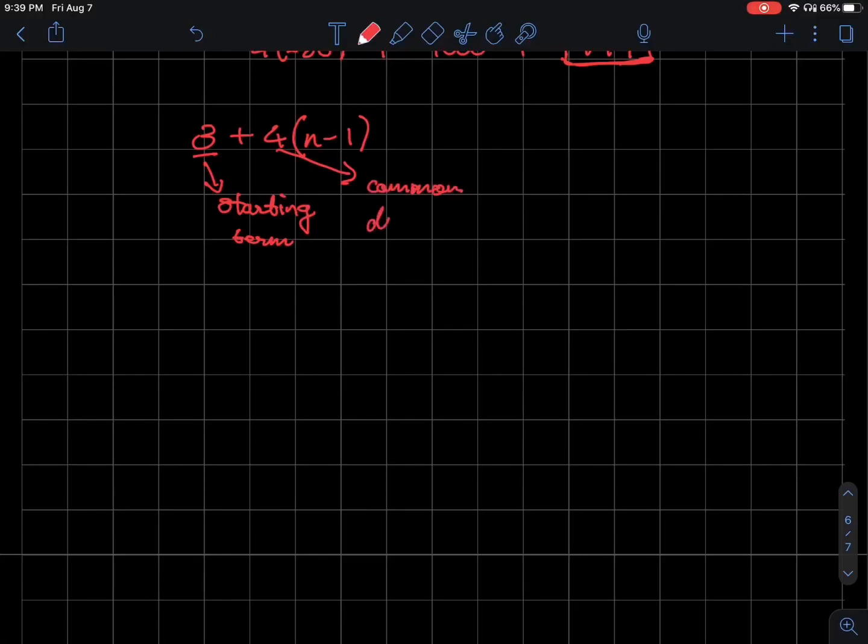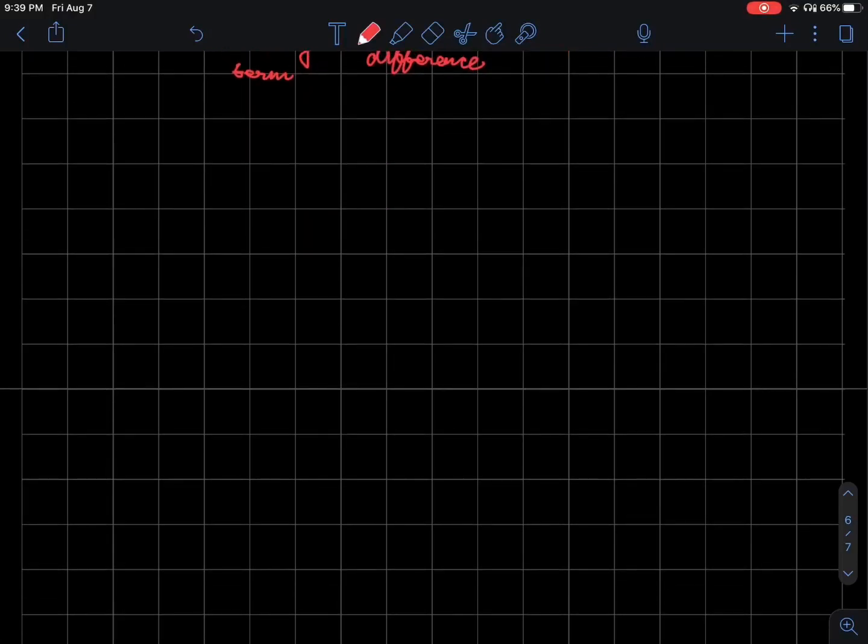So now what we're going to do is generalize this for all sequences. Let's just say it's a sequence a1, a2, a3, a4, a5, and so on forever.